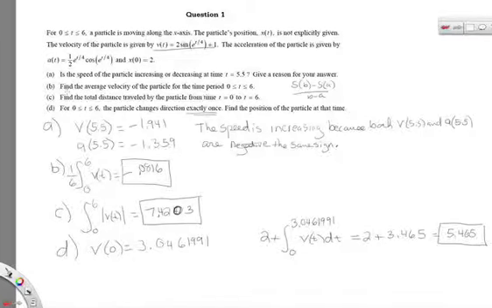Alright. Find the average velocity of the particle. So I'm adding up the velocities. 0 to 6. Reading the question. Alright, I'm not seeing it. I'm in the right mode.